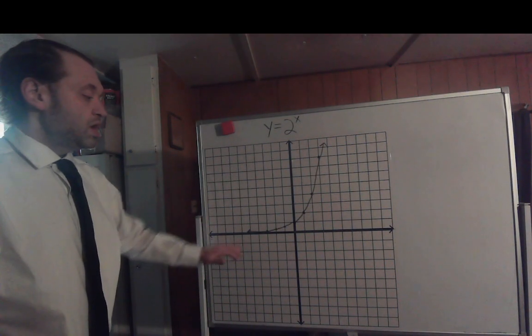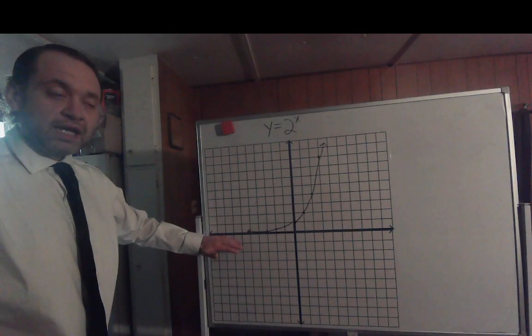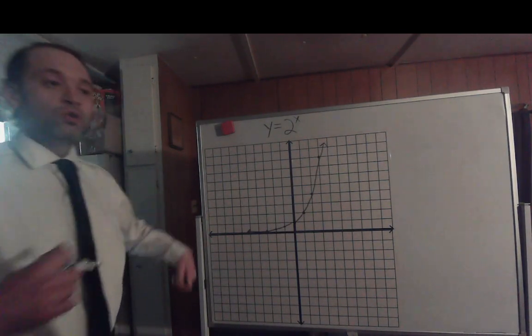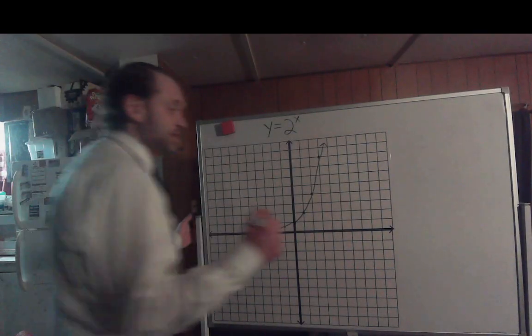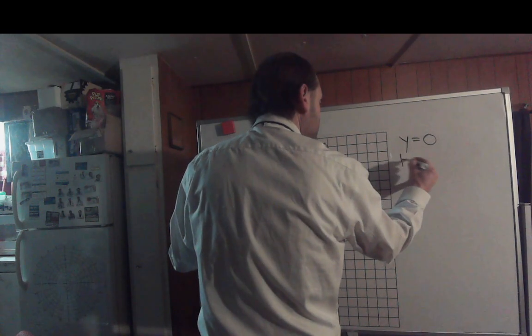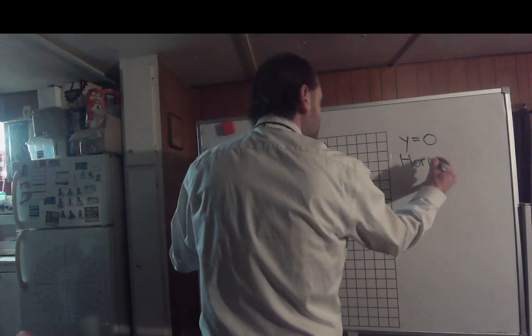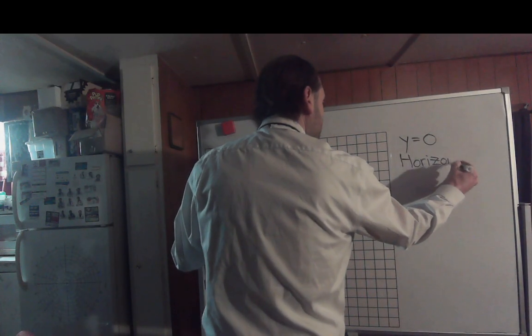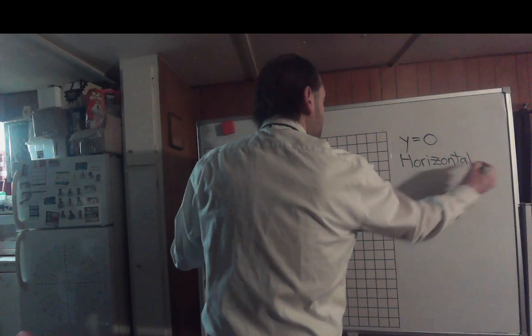So the line y equals 0 is called a horizontal asymptote.